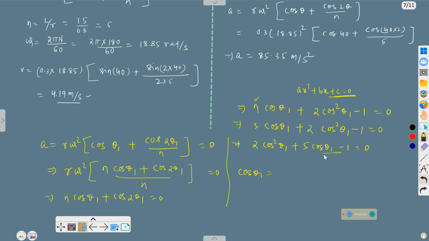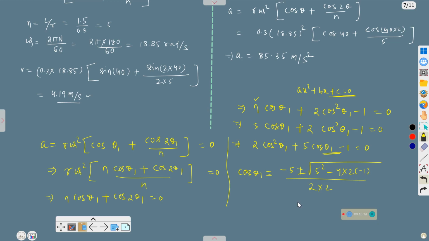Solving this, cos theta 1 equals minus b, where b is 5 over here, so minus 5 plus or minus the square root of b square minus 4ac, that is 5 square minus 4 times a, that is 2, and c, that is minus 1, all divided by 2 times a, that is 2.